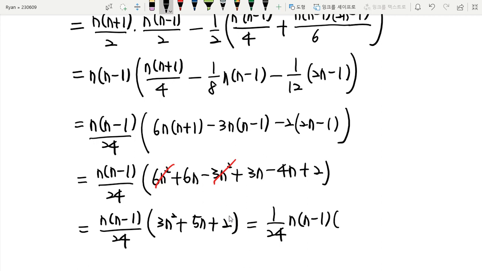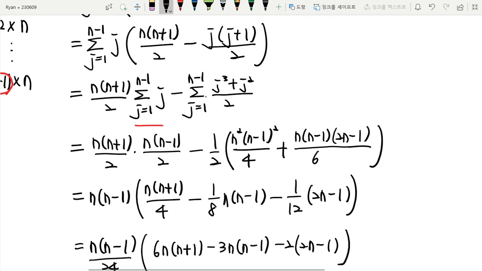You're right, and n plus 1, right? Like this. So this is the expression for s, the sum.